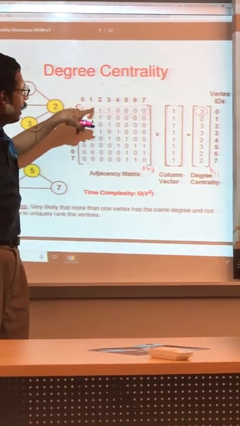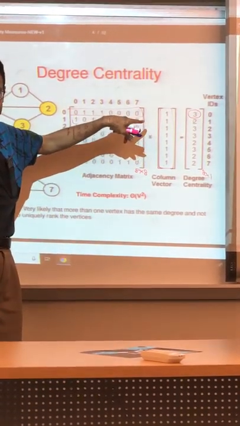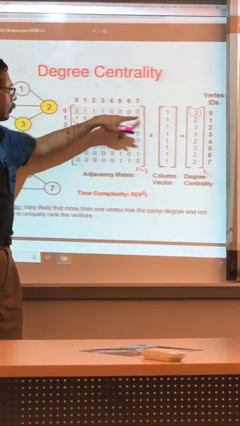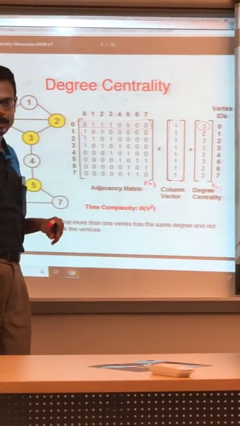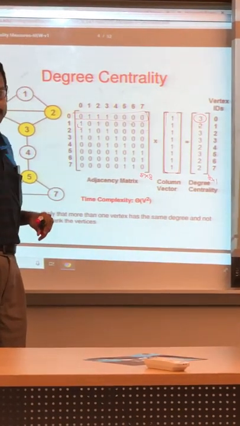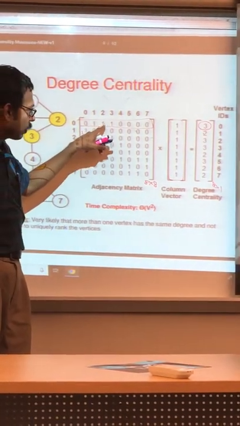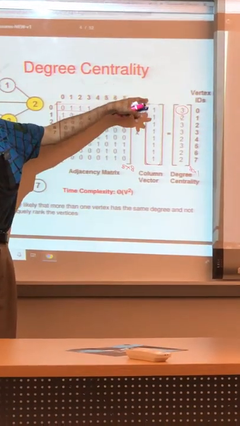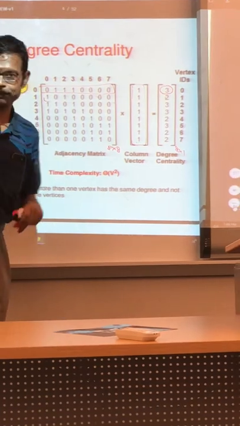The other entries are zeros, right? So 1 times 1 is 1, plus 1 times 1 is 1, plus 1 times 1 is 1. If you multiply by any other value, you won't be able to get the number of ones. If you multiply by all zeros or any other number, you won't be able to count the number of ones.